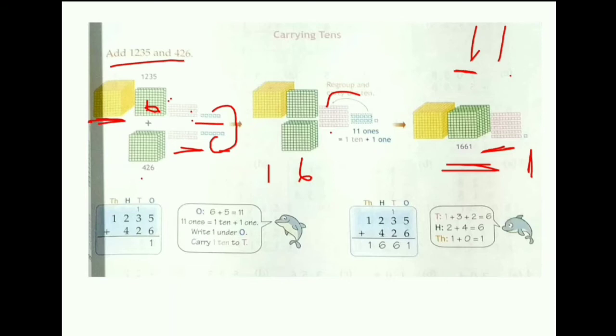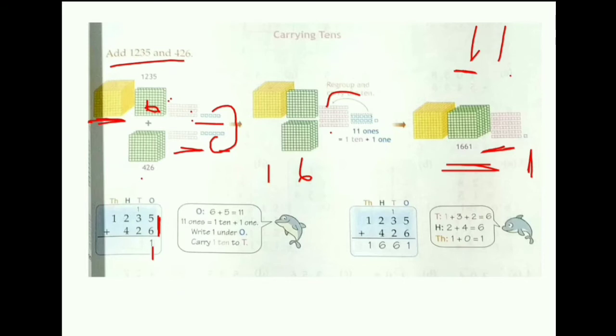This was only for your explanation. Now we will go to the sum. See, here we have done in a different manner. 1235 plus 426. See, first we have to start adding from the right hand side, right? So on right hand side comes 6 plus 5. And we have seen that 6 plus 5 is equal to 11.